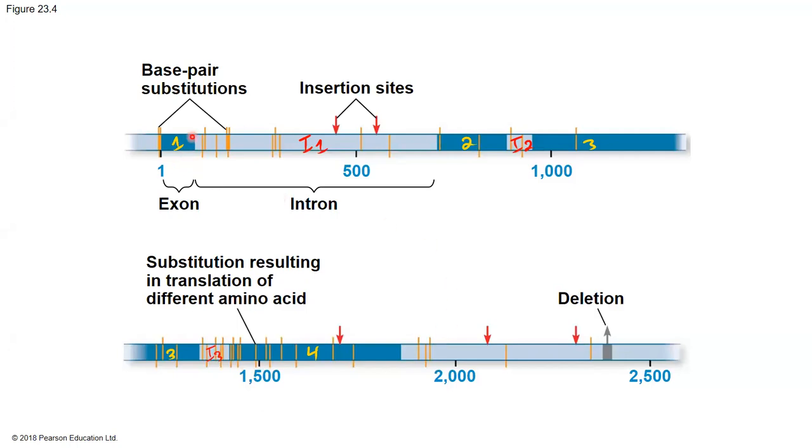But sometimes, even if they happen within exons, they might be silent. They might not cause a change in the amino acid, or they might cause a change in the amino acid from one type into the same type.